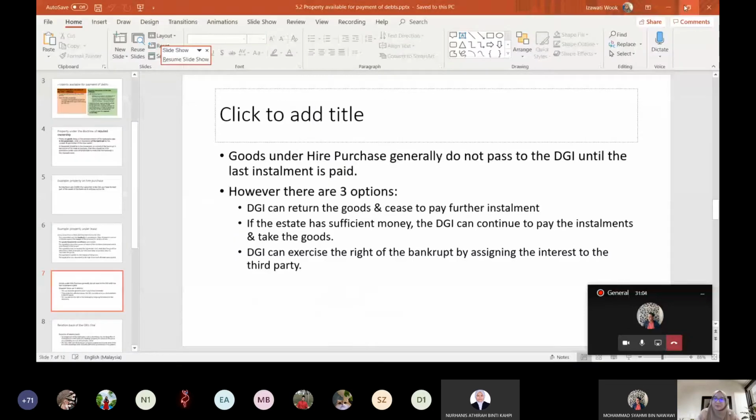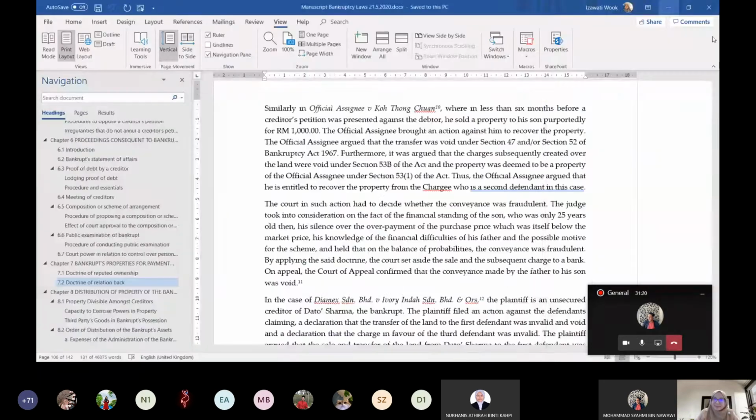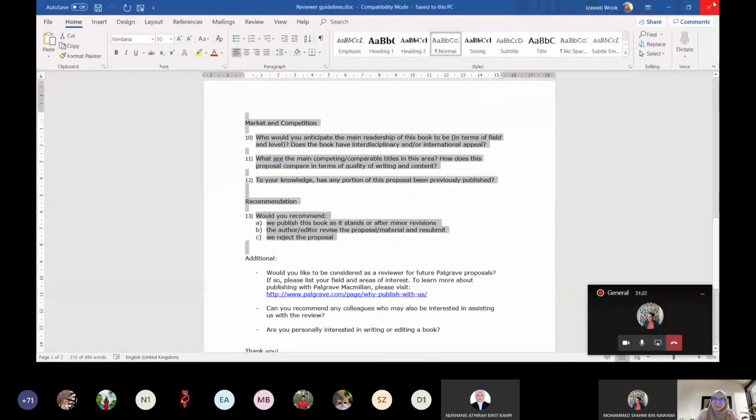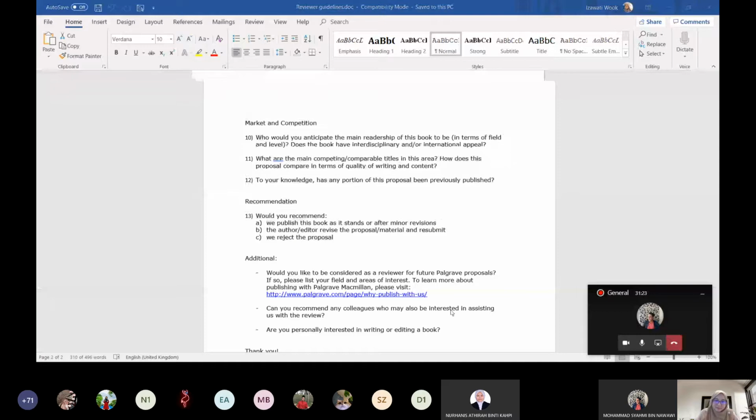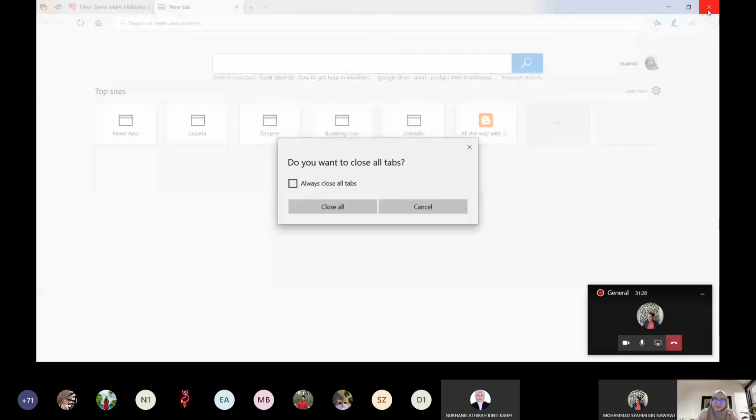Okay, any question relating to reputed ownership? Saya tengok chat ni, ada soalan tak? Mana saya punya ni? Saya tutup yang ni banyak sangat. Ada soalan tak?